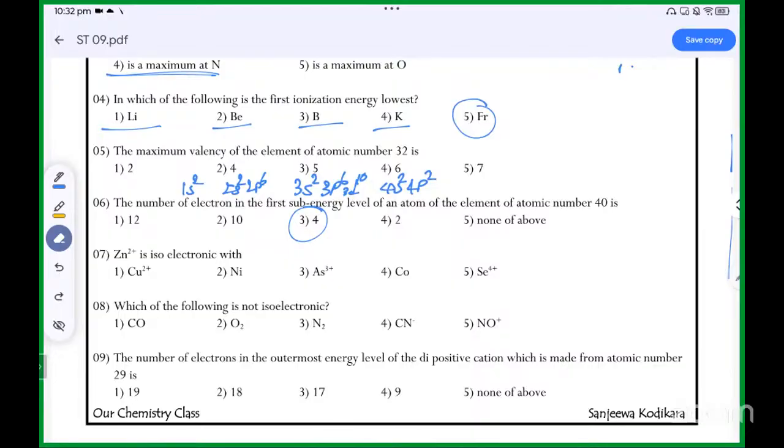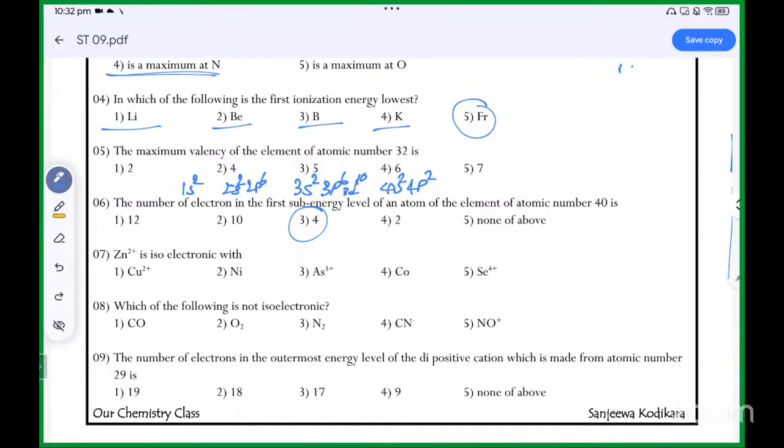If there are any questions, you can ask me. Zinc 2 plus is isoelectronic with... Good question, right? We have Cu2+, nickel, As3+, copper, and selenium 4+ ions. Zinc, you have to check from the periodic table, is the 30th element.